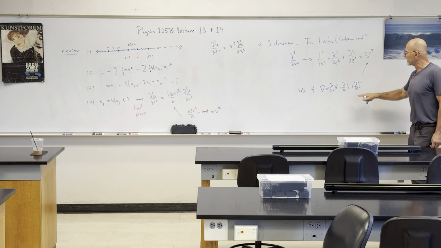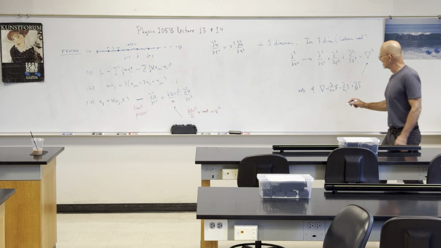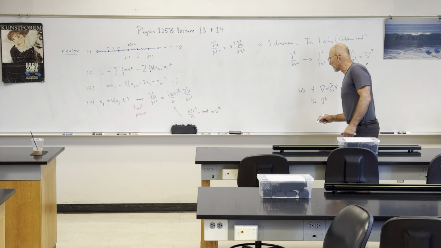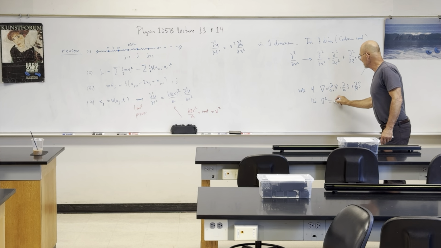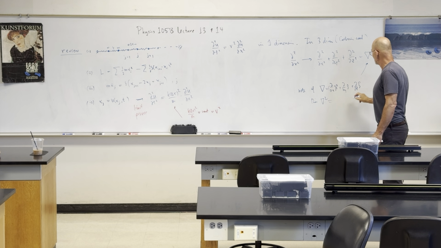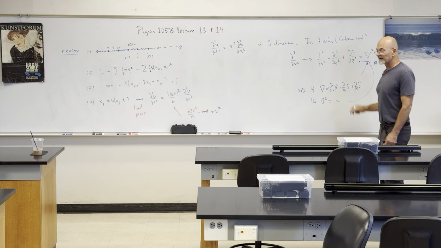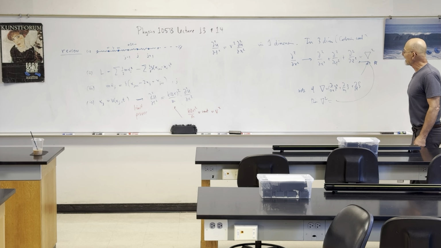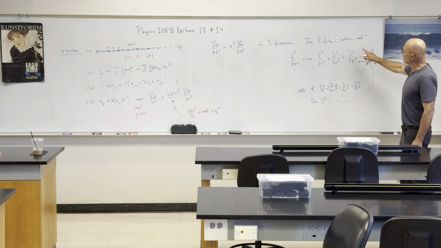Yeah. Okay. Then what would gradient squared be? Then gradient dotted into itself, or I'll just say squared, would be equal to this over here, right? That's what you would get. Because the i hat would only go with the i hat and so forth. So yeah, that is in three dimensions.